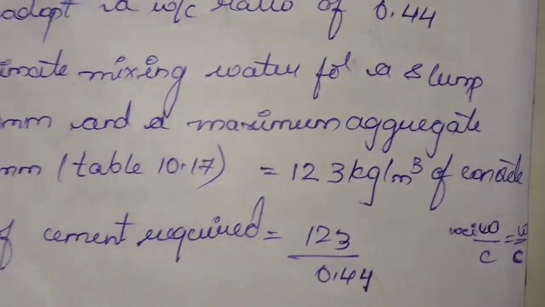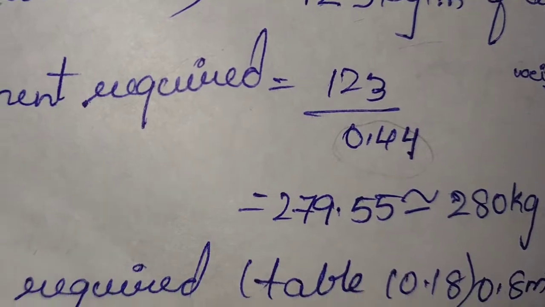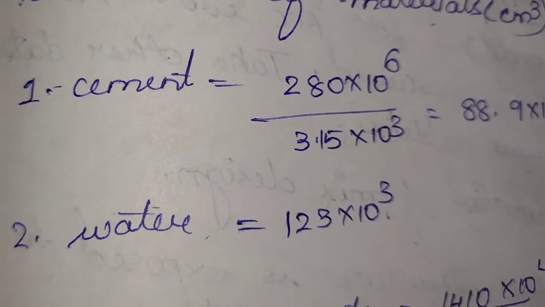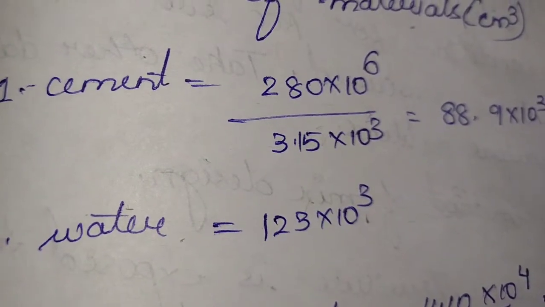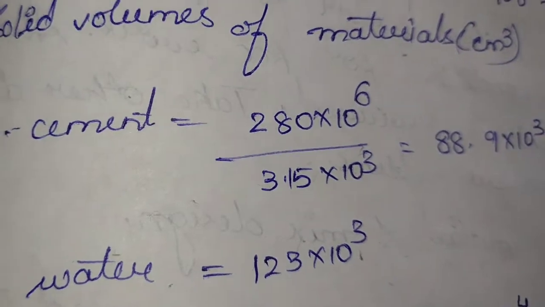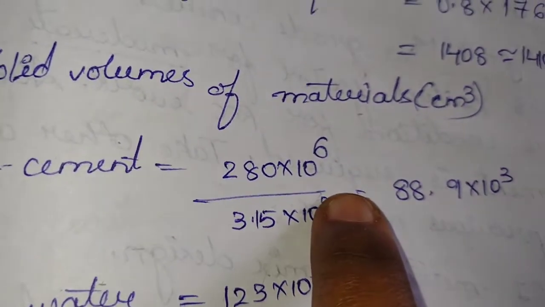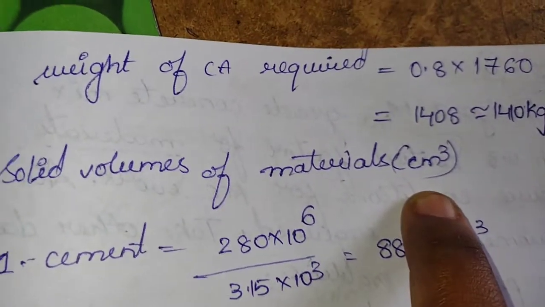The weight of the cement we have got is 280 kgs. So this 280 divided by 3.15, that is the specific gravity of cement, multiplied the whole by 10 to the power of 3. So we are converting all that to centimeter cube.